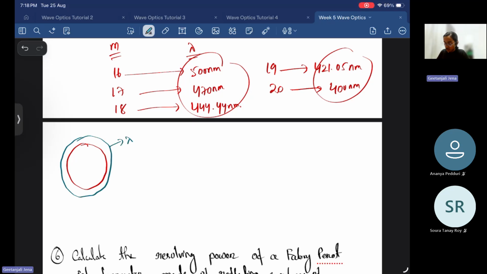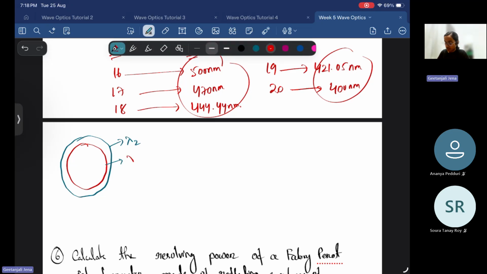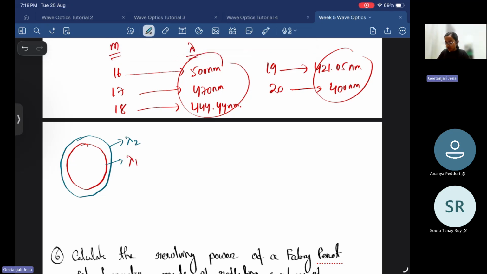So this happens because, let's say this is for lambda 1, the interference for this, let's say you are getting a constructive interference, a bright ring or dark ring around this point. So for this, 2d cos theta is m1 lambda 1. For this, 2d cos theta is m2 lambda 2.